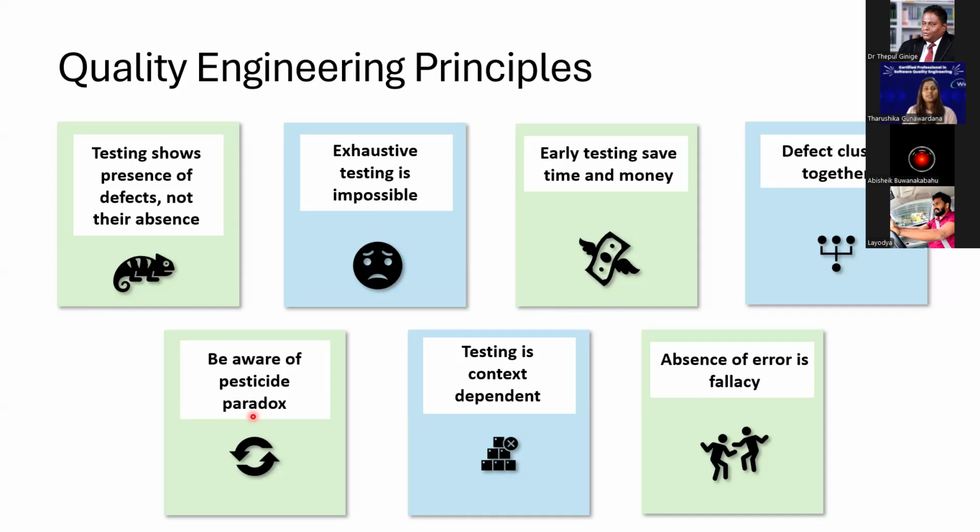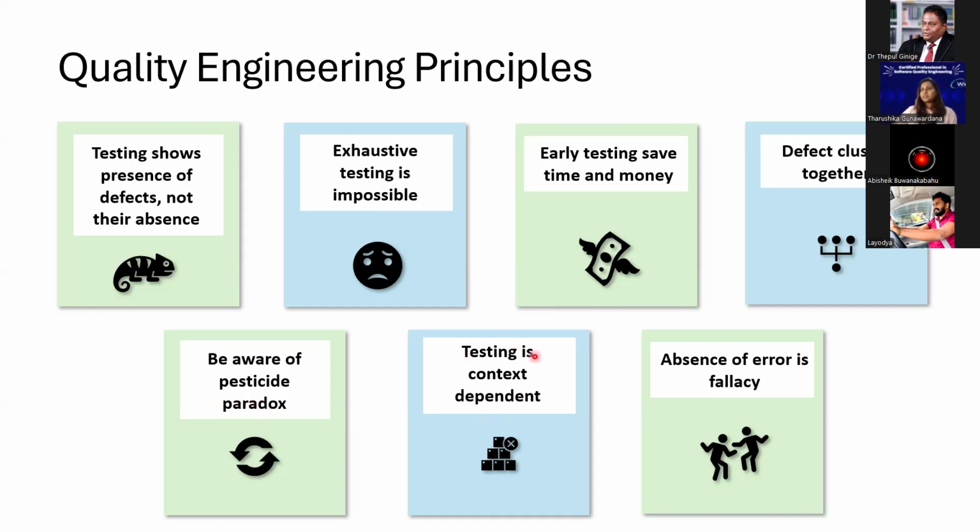That's why, when you are entering data, for an invalid username you can enter numbers and check. You can change the character limit and then test. Likewise, you have to try it in different ways. Doing the same thing again and again will not give you defects. So that's what be aware of the pesticide paradox means.